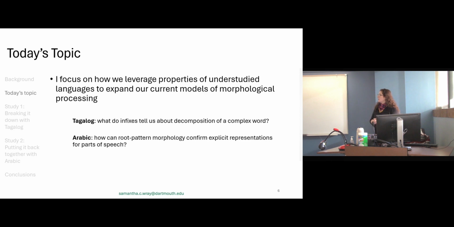So the research from Tagalog is going to show us how infixes invite us to reinvent our models of decomposition. And the data from Arabic is going to show us how parts of speech have some psychosaliency, how they're considered psycholinguistically real in the mind.